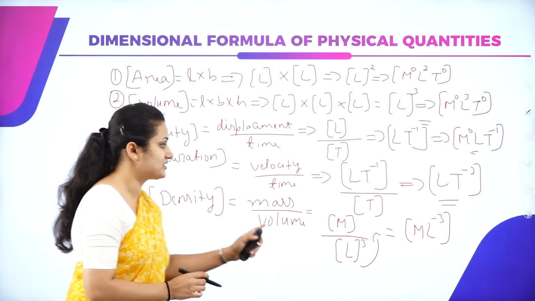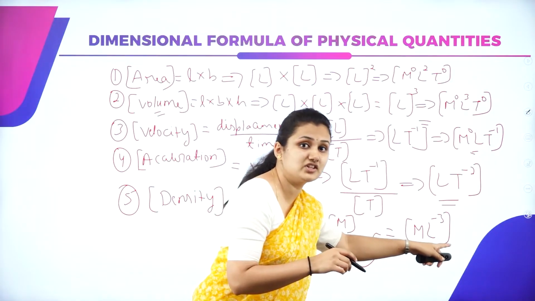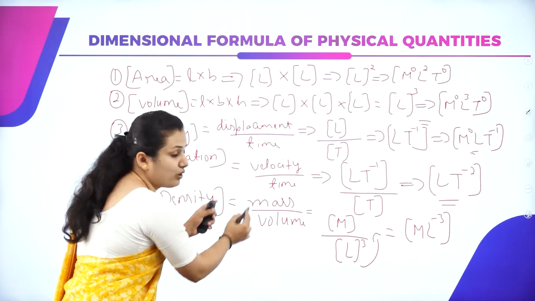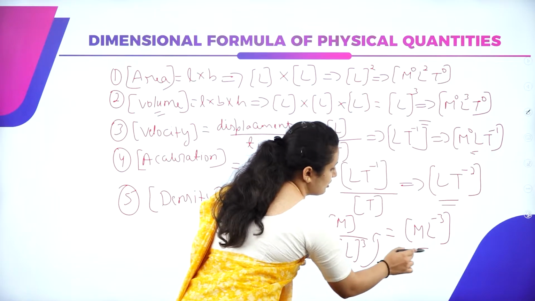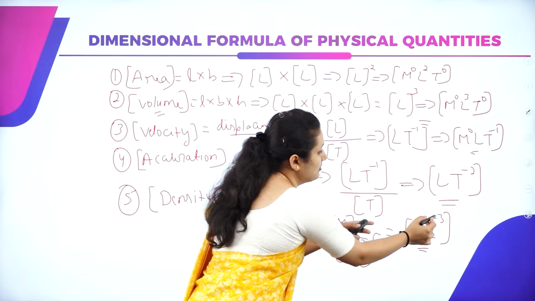So density possesses 1 dimension in mass and minus 3 dimensions in length. It possesses 0 dimension in time. There is no role of T here. So you can write T to the power 0, or this representation is also right.